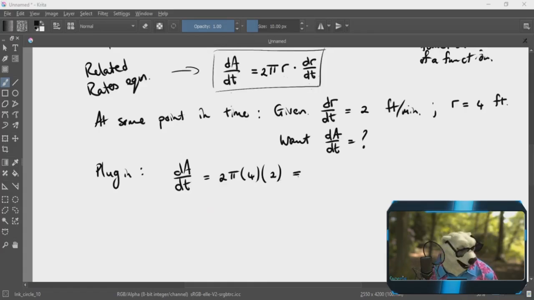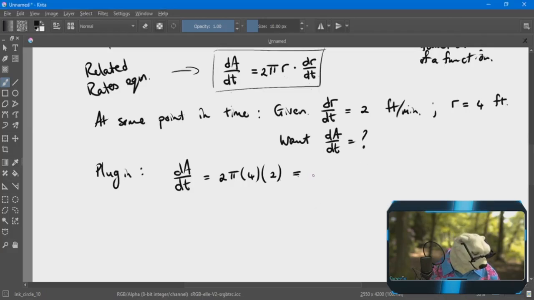So if I put in 2 times 4 times pi times 2, my cable is stuck here, it gives us 50.27 if I round it, and that will be square feet per minute.